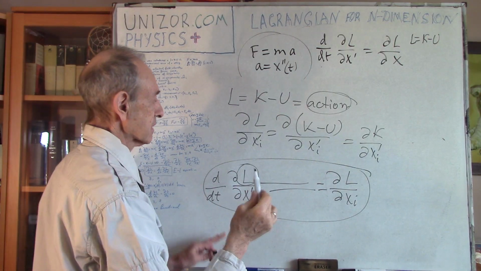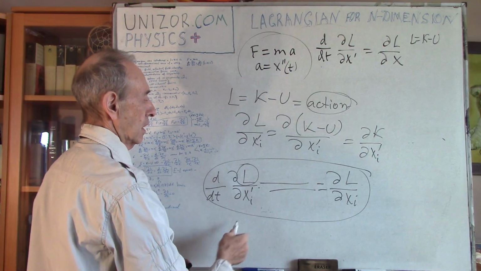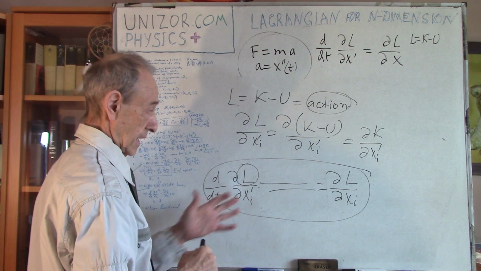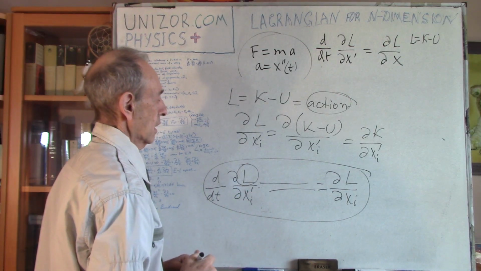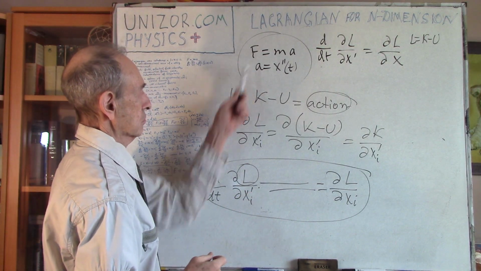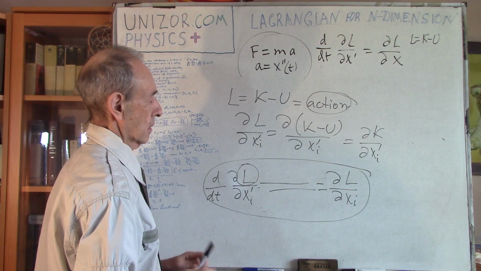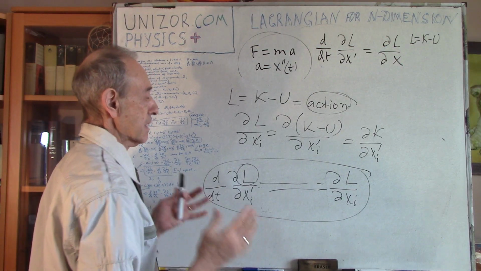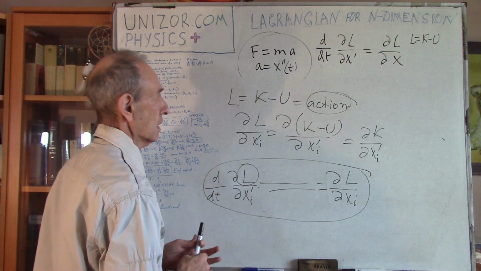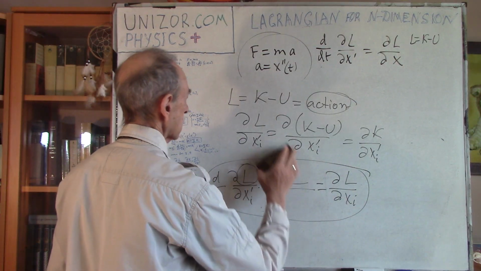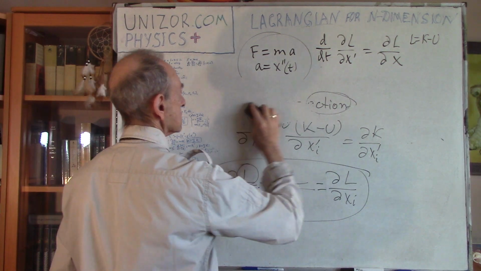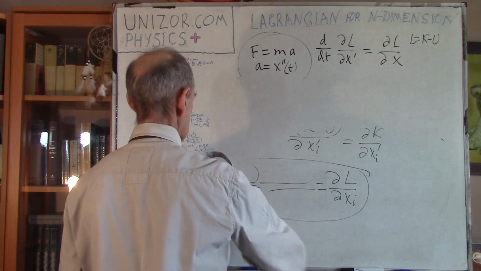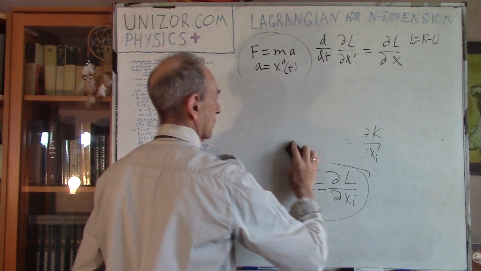So we will have exactly the same system of equations which Newton's second law gives us. So this is basically a proof of equivalency between Lagrangian mechanics and Newtonian mechanics for systems with conservative forces.